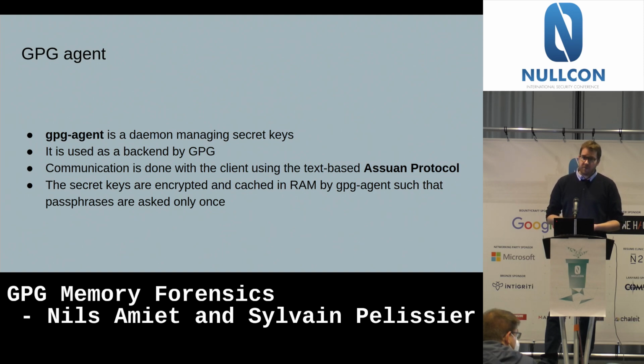This daemon offers some services, such as importing keys, exporting keys, generating keys, and so on, but also getting a key from the cache that keeps keys in memory, so that you do not have to enter your passphrase every time you want to do an operation with the same key.